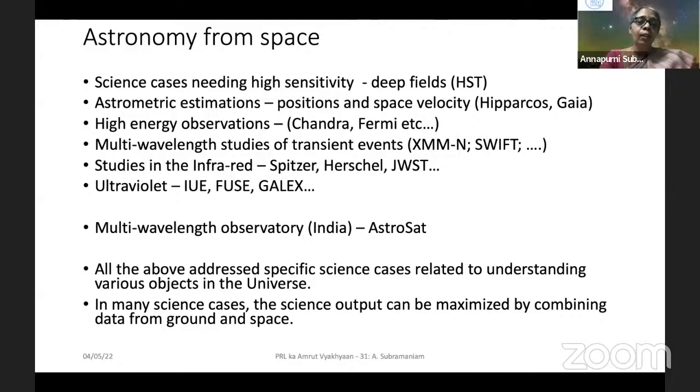So that is also very important, which space is able to provide. Many of these missions serve very specific science cases, and in many cases the science output is maximized by combining data from ground and space. So it is important to have a synergy from ground and space together for advancing our understanding.